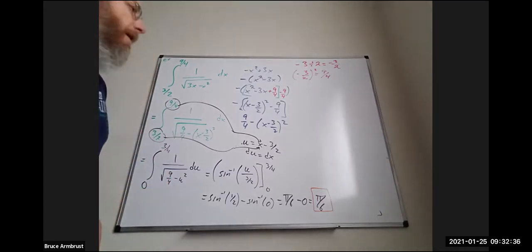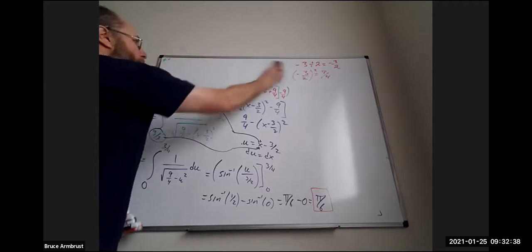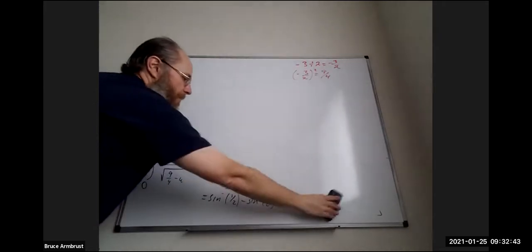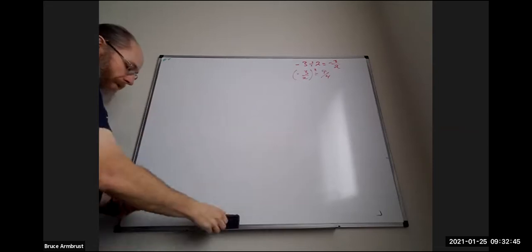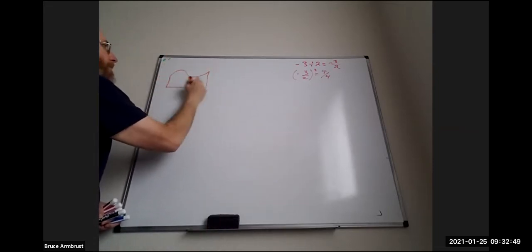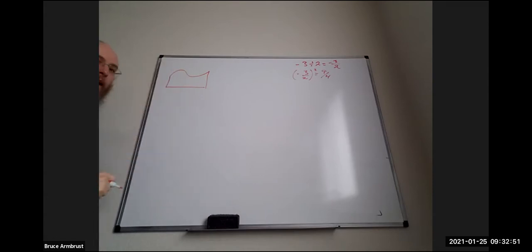All right, so if you look at what we've done so far with the integral in terms of the application to area, you can tackle shapes that look like this. Right? You want to find that area.